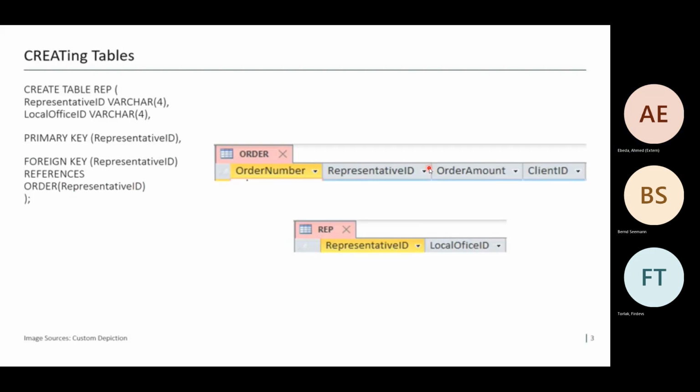For example, the table order includes a foreign key, which is representative ID. In this case, any value of representative ID in order must match one of the representative ID values in the table rep. The foreign key is one of the fields in the table and references the matching field in the other table.